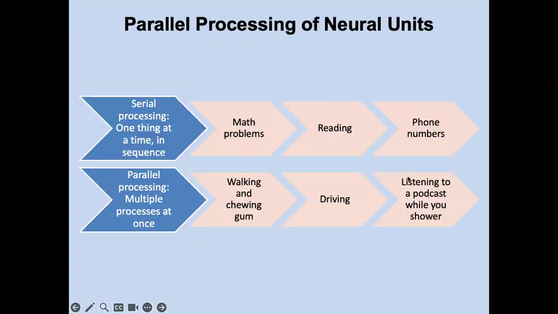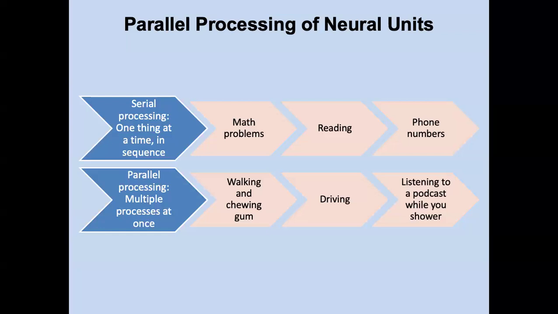So there's a couple of different ways to process. Serial processing is sequential. Things happen in order. You have to do math problems in an order. You have to read in order. We read from left to right. Not everybody does, but you have to read the letters in order, and the words in order.